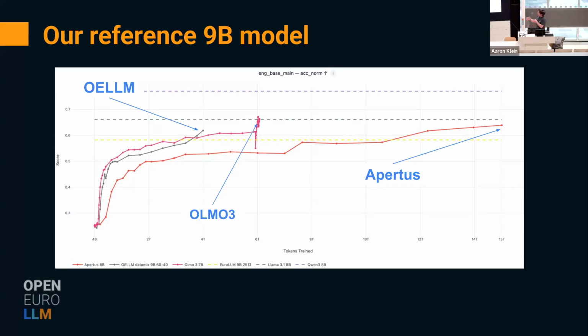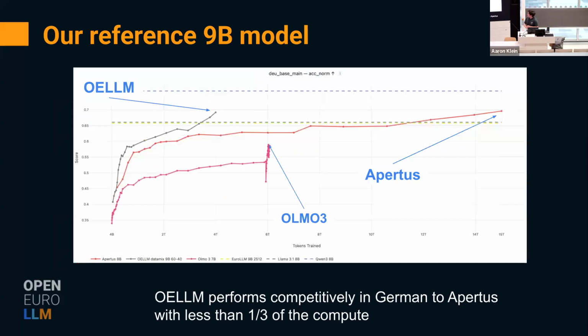OLMo 3 is more focused on English, but Apertus is also focused on multilingual data, so in that sense it's the closer competitor to us. Our model has been trained for only 4 trillion tokens, so substantially less than Apertus or OLMo, but performance is quite close. OLMo is still better in English, but compared to Apertus, it's not a significant gap.